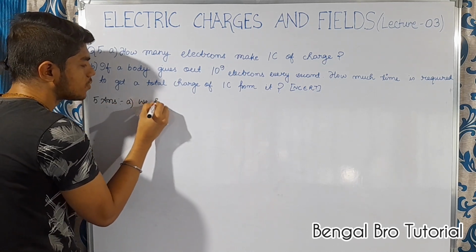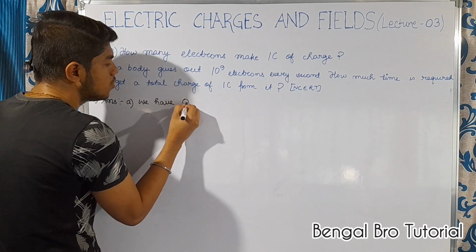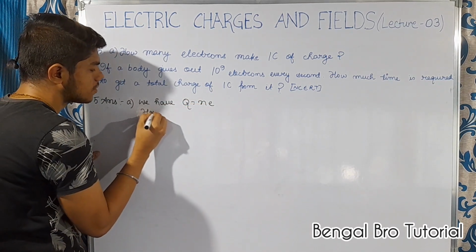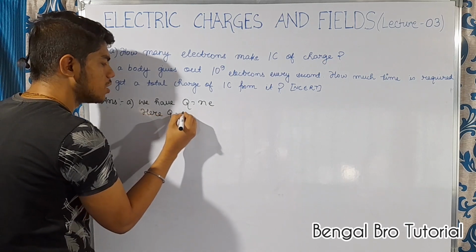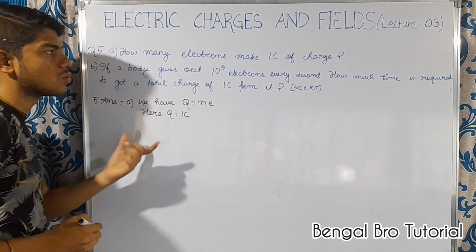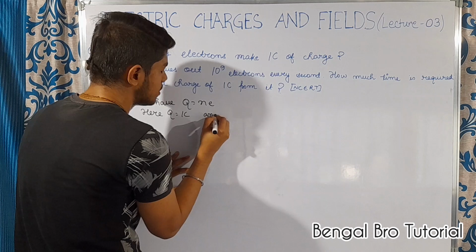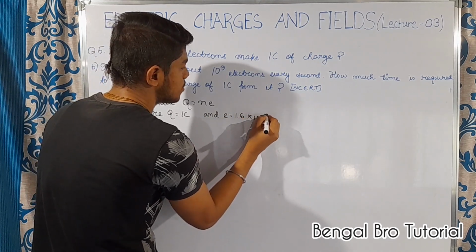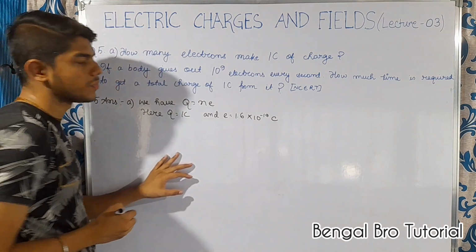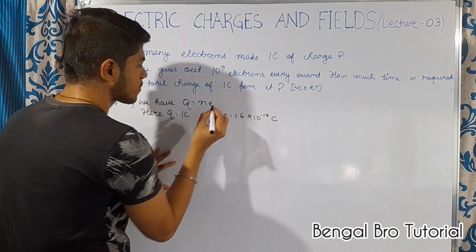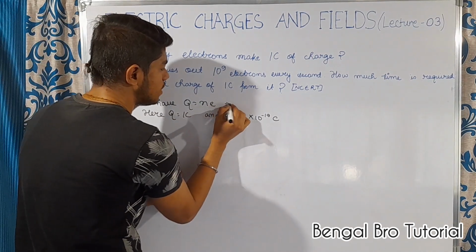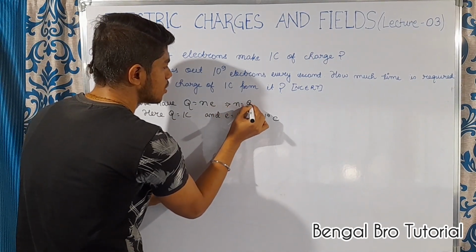We have Q is equal to Ne. Here Q is equal to 1 coulomb, the total charge, and the charge on 1 electron is equal to 1.6 into 10 to the power minus 19 coulomb. Here we can write that N is equal to Q by e.